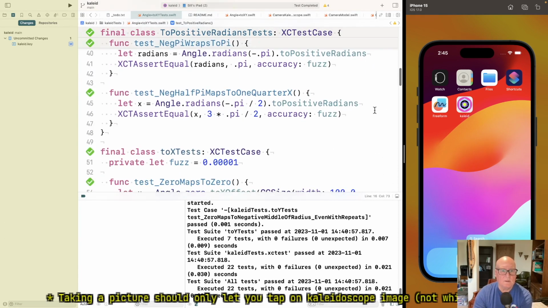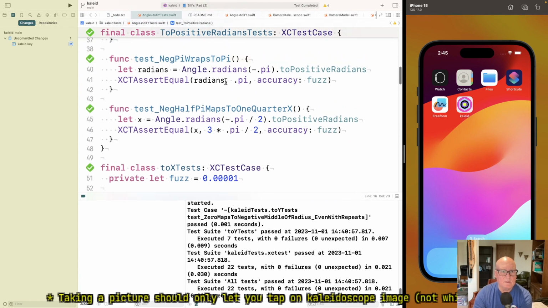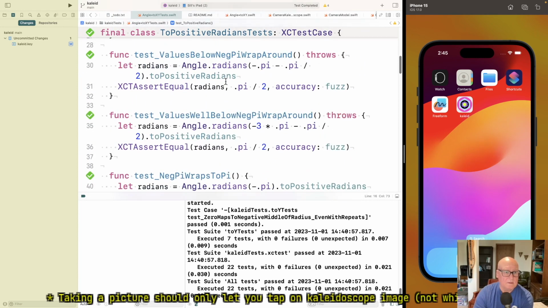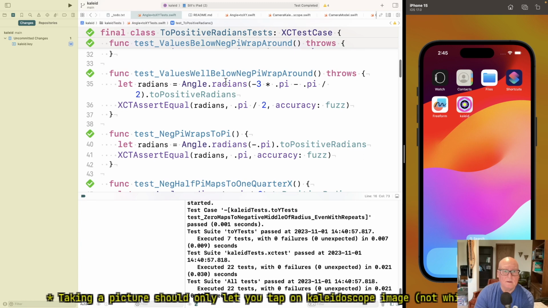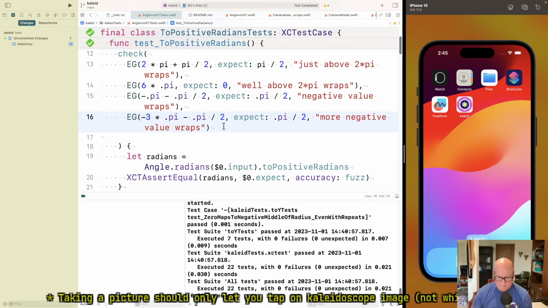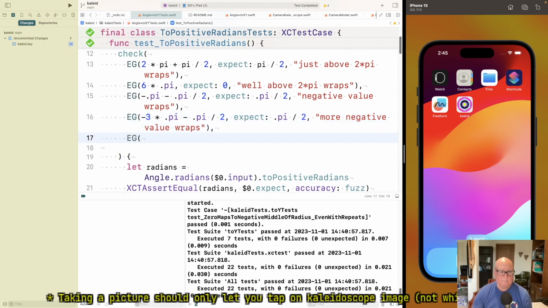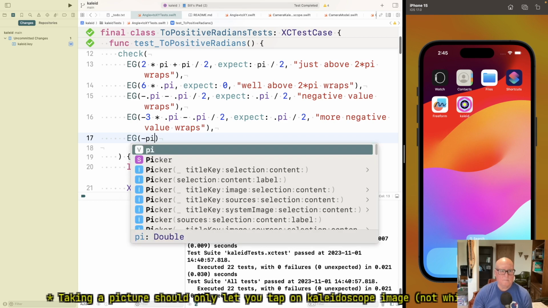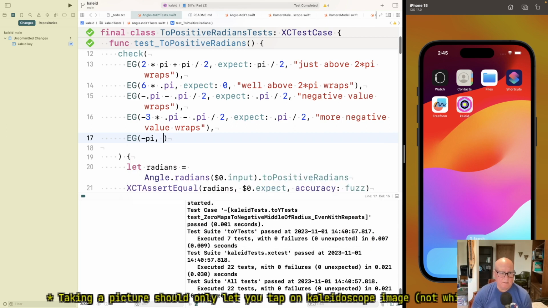That was the last one. Oh no, this one. Negative pi minus pi goes to pi. Minus pi, expect pi.